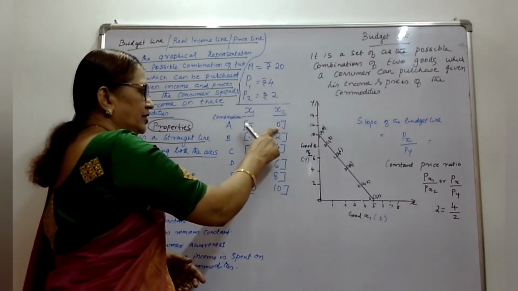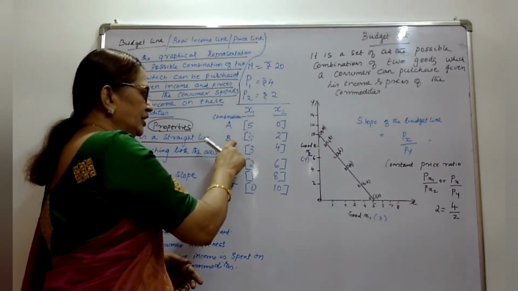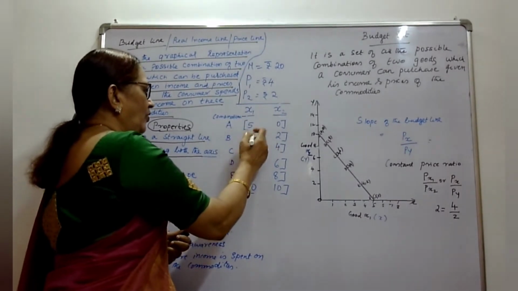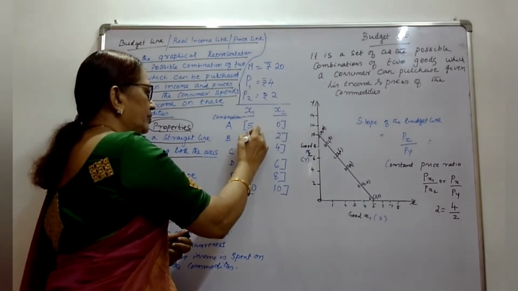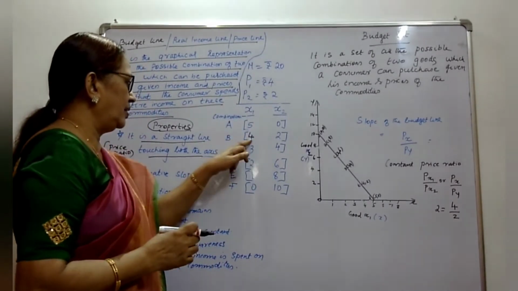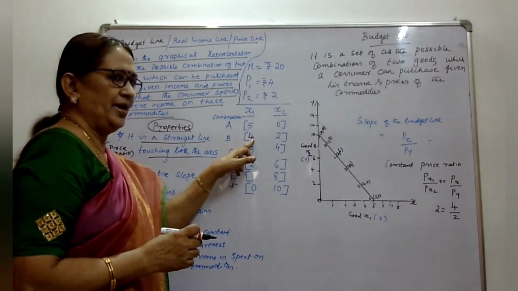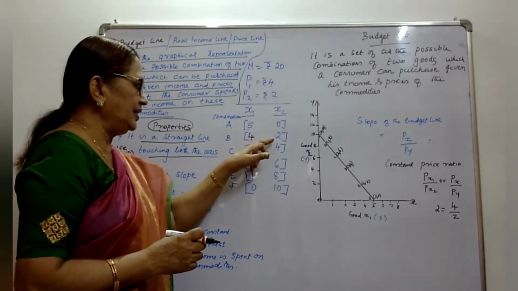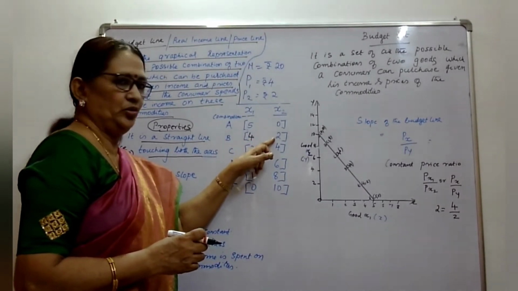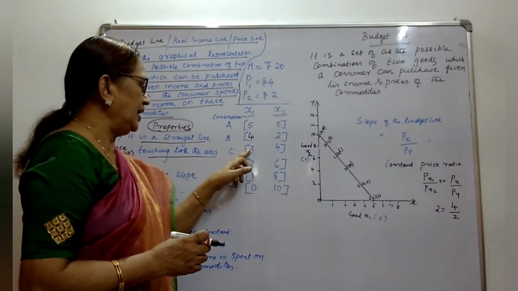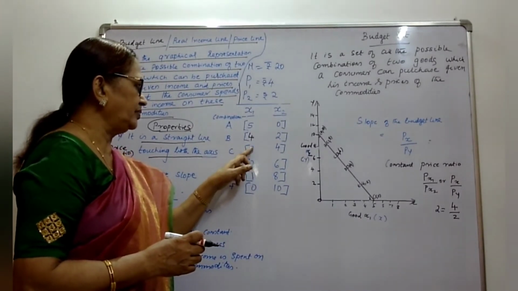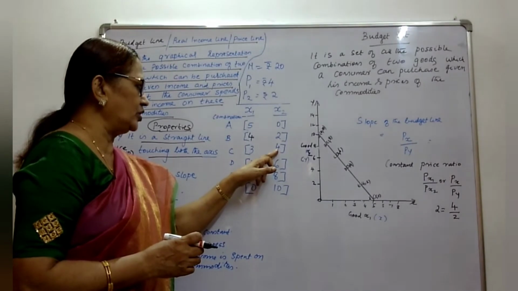He is not spending any of his income on X2. Next bundle, 4, 2: 4 units of X1. Now he started purchasing X2, 2. Next, 3 units of X1, 4 units of X2.